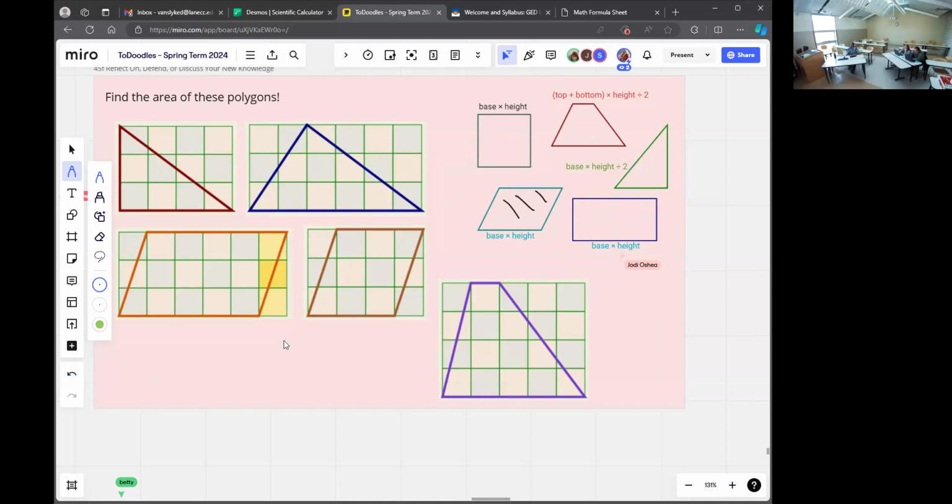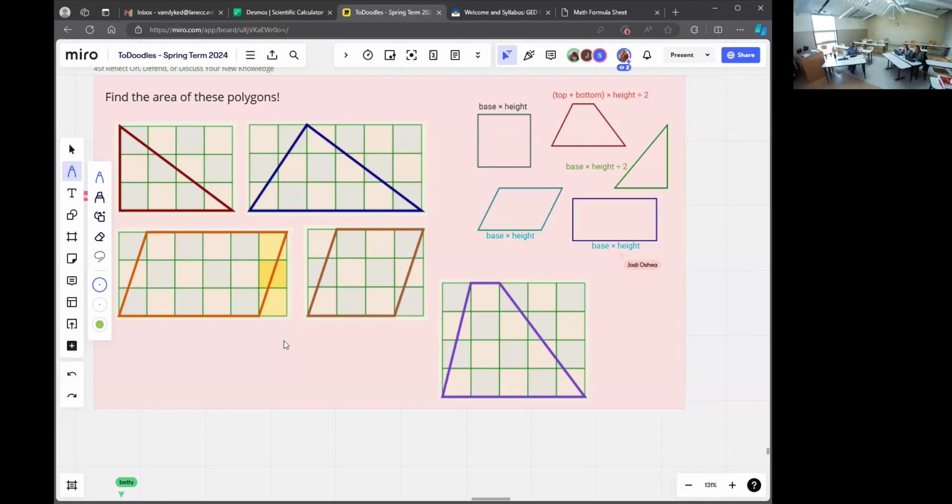The parallelogram is the same, base times height. The only trick is that the height is inside, and that's again because I could take this triangle piece and move it over here, and I get a rectangle, which is base times height. And then the trapezoid, we just did last, where you add the top and bottom, multiply by the height, and then divide by 2.